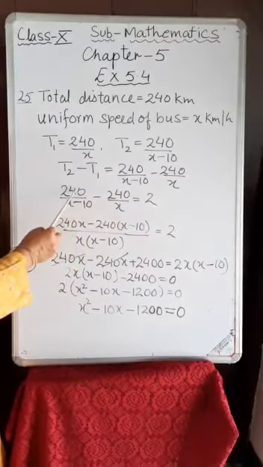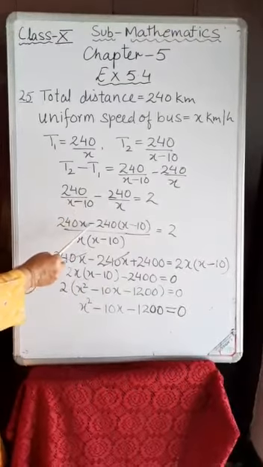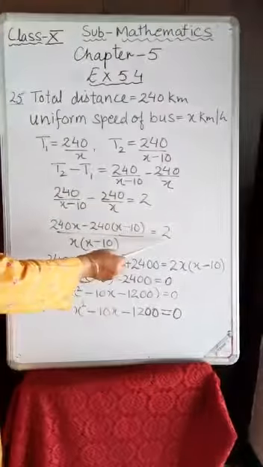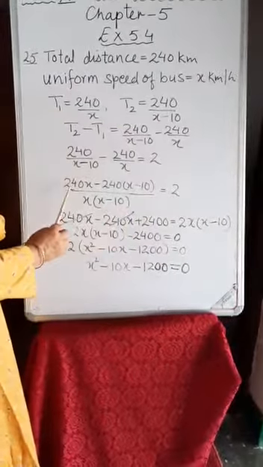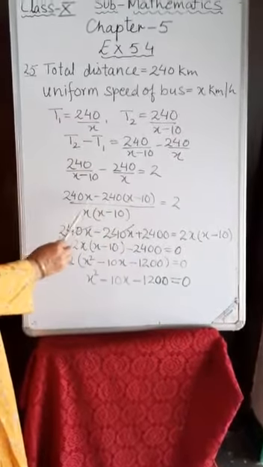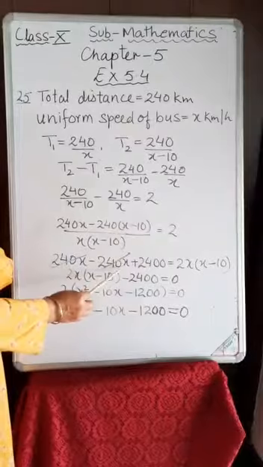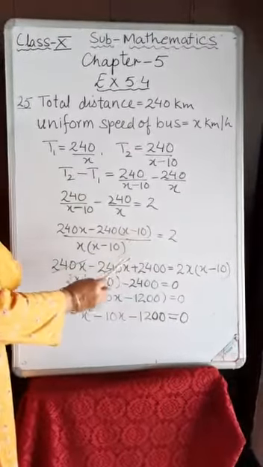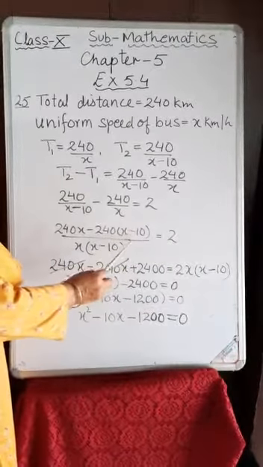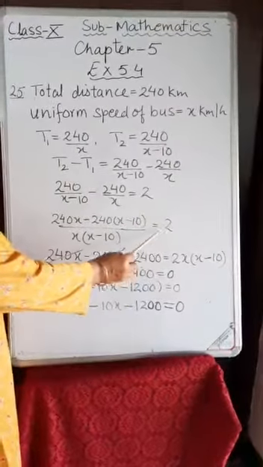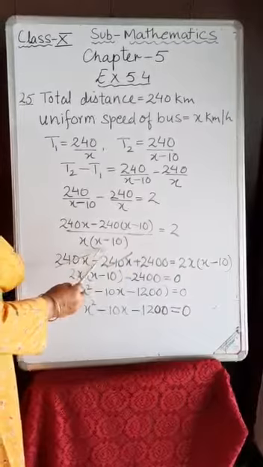Now this will be 240x minus 240 multiplied by x minus 10, equals 2. If we open this bracket, 240x is coming from here, minus 240 multiplied by x is 240x, minus into minus becomes plus, and 240 multiplied by 10 is 2400, equals 2 multiplied by x into x minus 10.